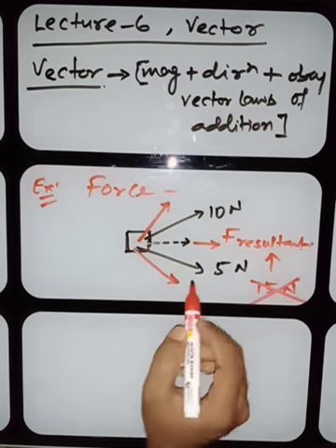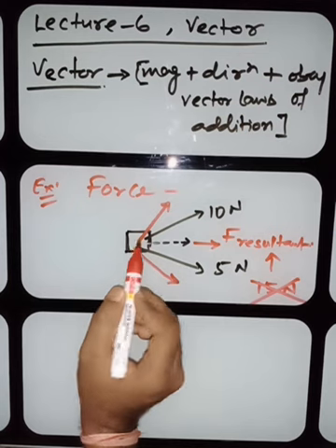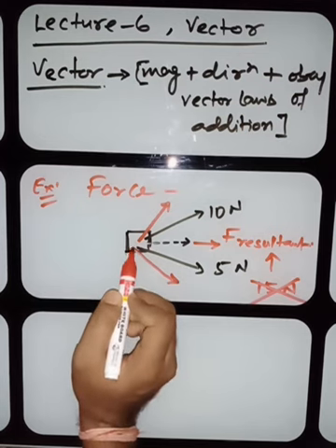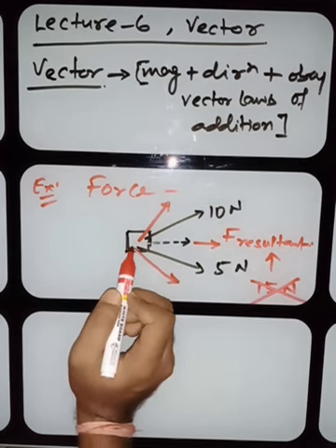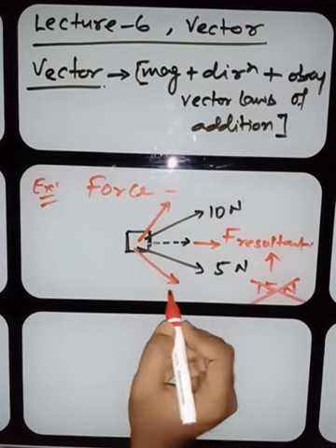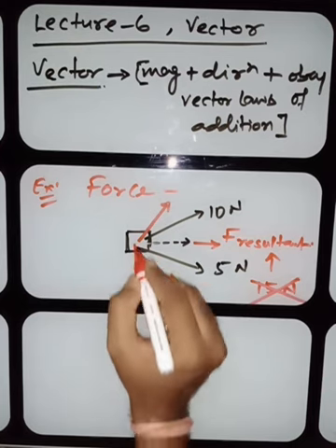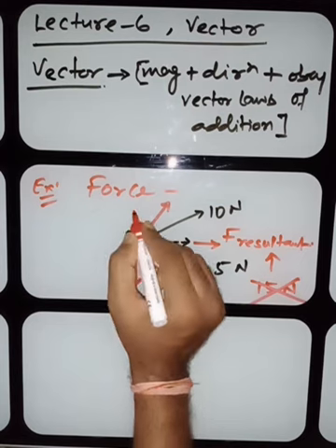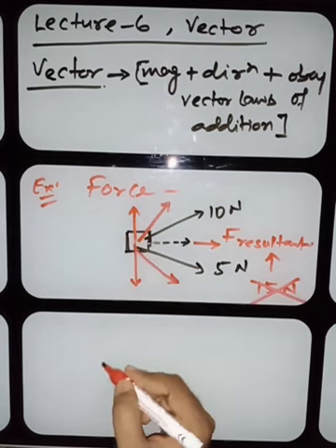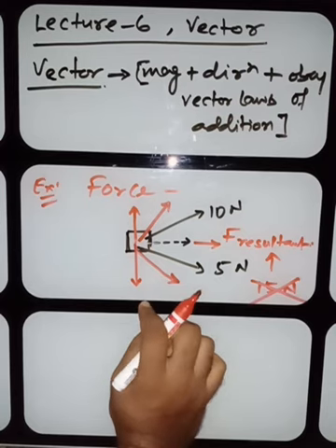Alright, this is experiencing a total force, but will it move due to the 15 Newton? Answer is no, it will not move due to the 15 Newton. Okay, if you are telling this is 15 Newton, sir, then I will tell you, okay, suppose you are acting the force now in this way. This is 5 Newton, this is 10 Newton. Now, will you say that the net force is 15 Newton?